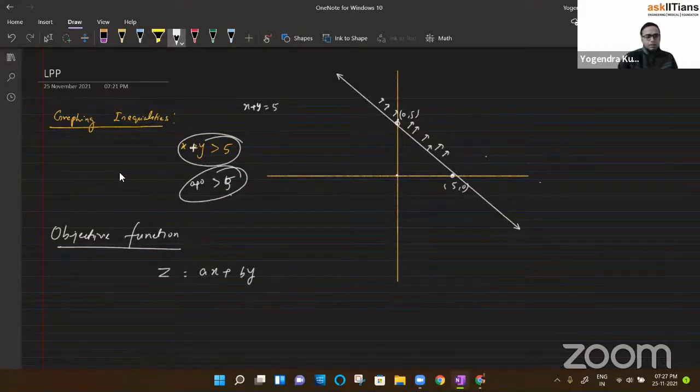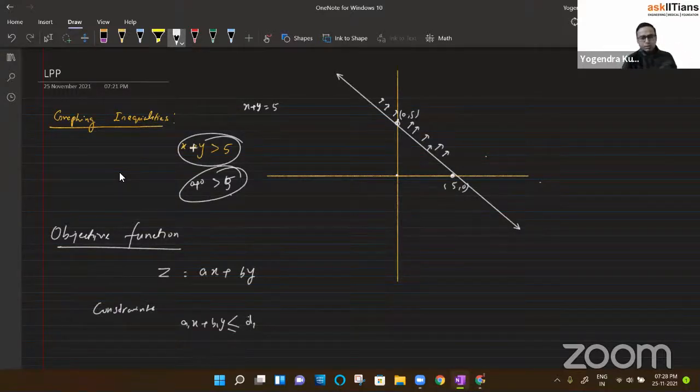We will be writing the objective function this way, and then some constraints will be there. Constraints will be these inequalities, something like a1x plus b1y is less than or equal to c1. Different objective functions could be there.